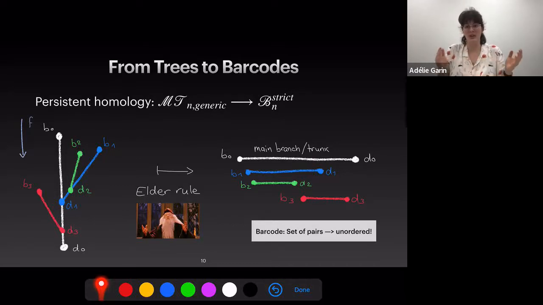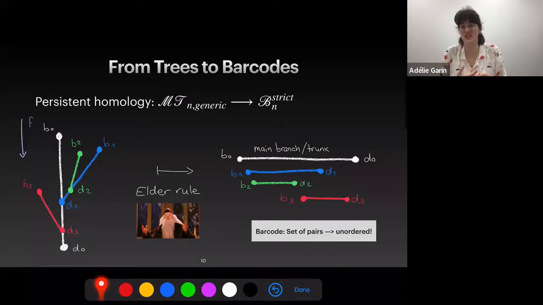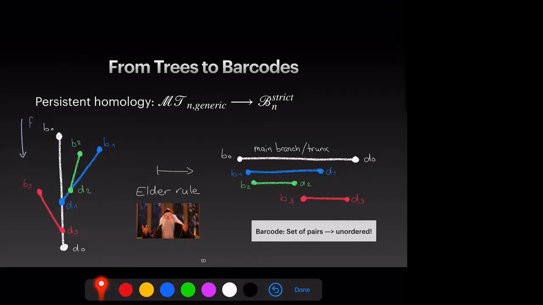When you go from a tree to a barcode, the information you lose is which branch is attached where. Yes, so my question is, you are trying to have an inverse of what you do, coming back from barcode to trees. How insignificant is the information you lose when you come back from barcode to trees?